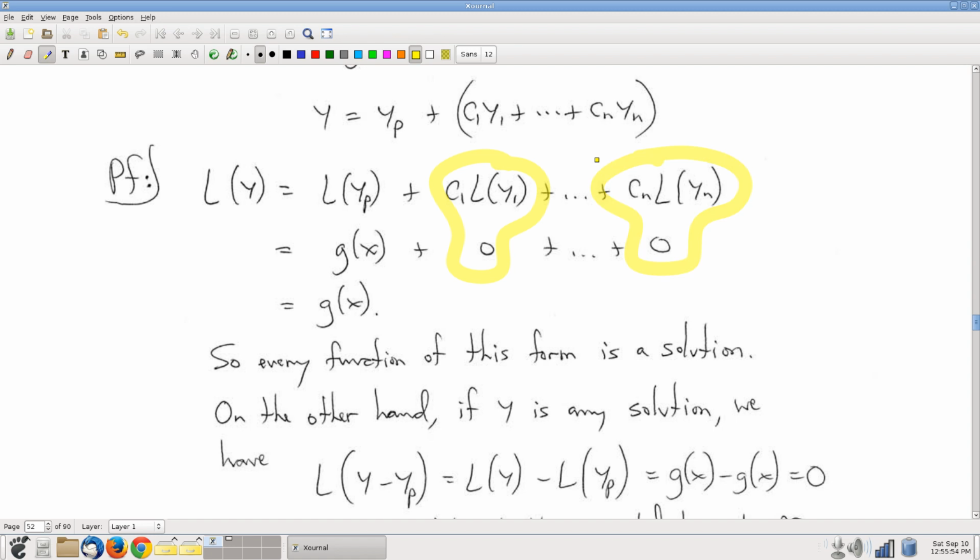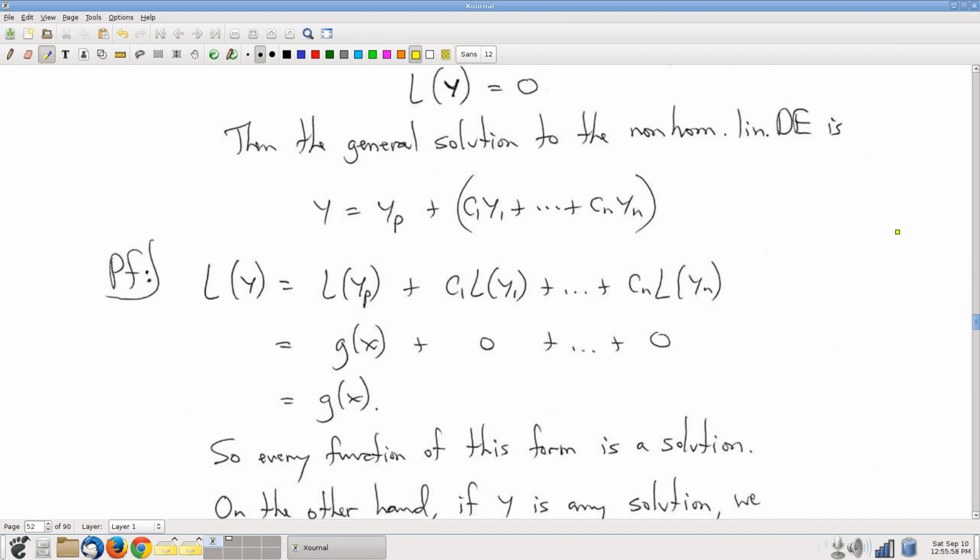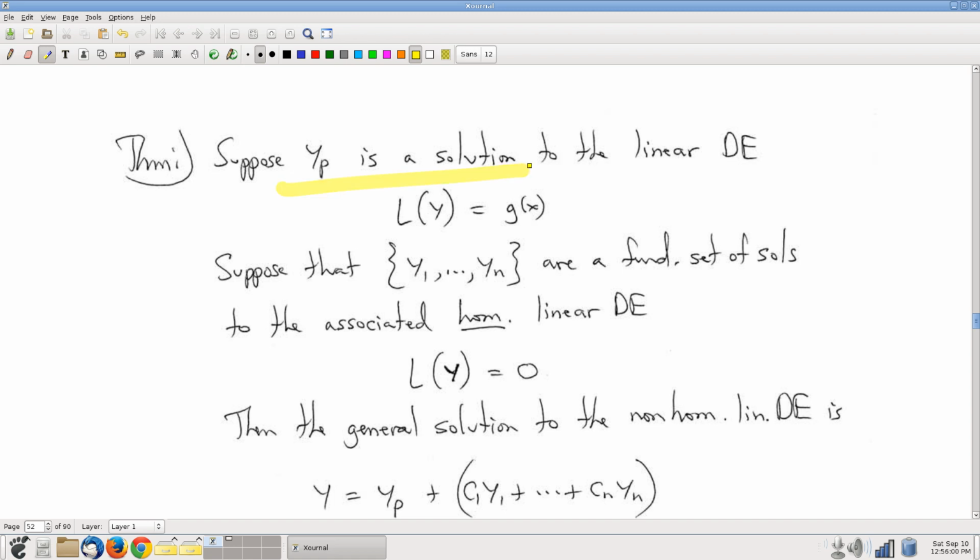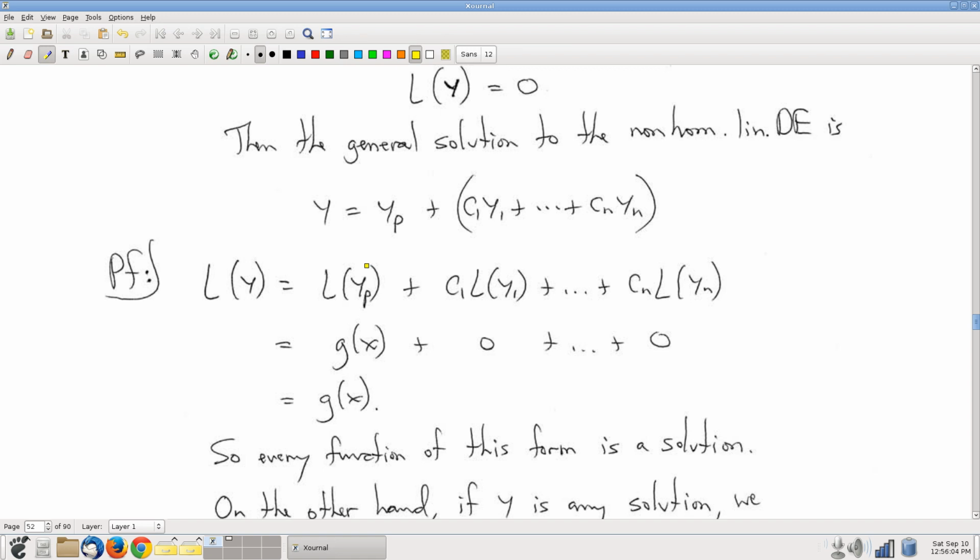Likewise, these terms are all 0, so those all go away. By assumption, y sub p is our particular solution to that equation. That means that that's equal to that. And altogether, we find that L of y is g of x. And so therefore, everything of this form is a solution.